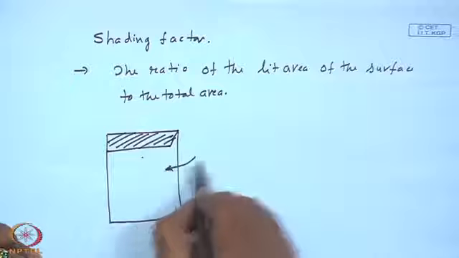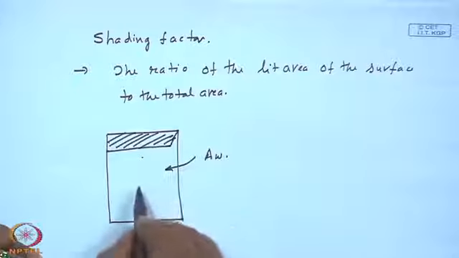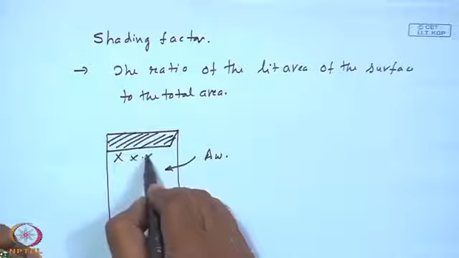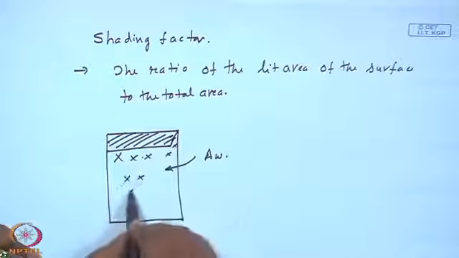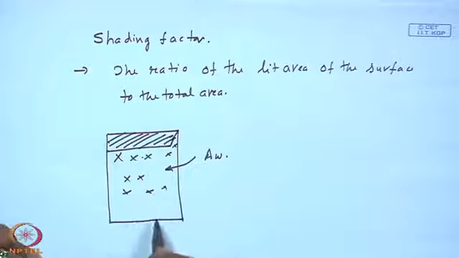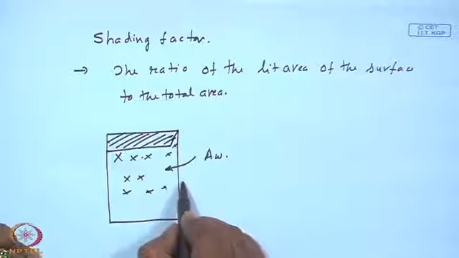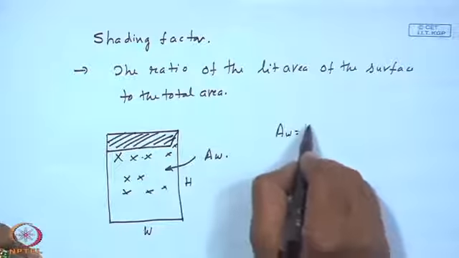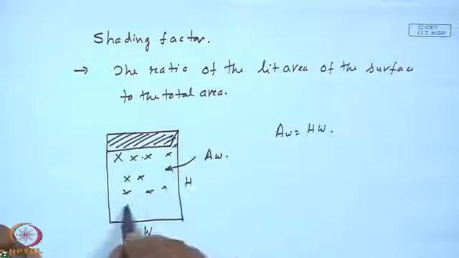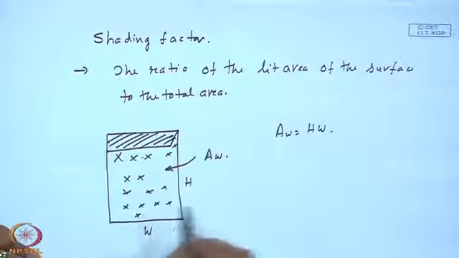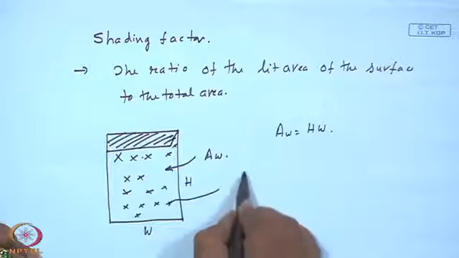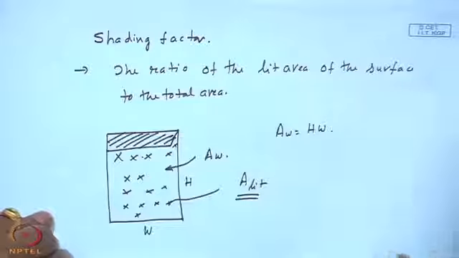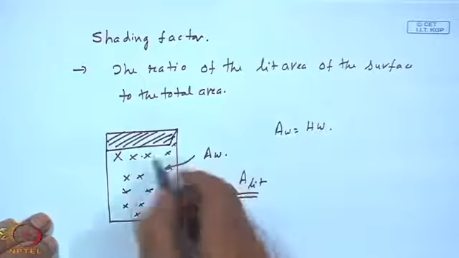So, the whole thing is AW, window area, and this is, let me see, okay. AW will be H into W, and this crosses area is the A lit. That means, it is lighted to some extent and this part is shadowed.